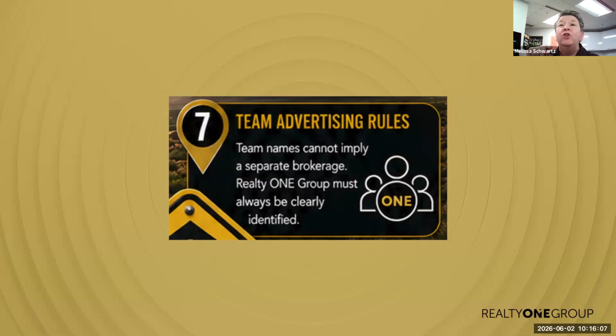Remember, you can never use just that icon, because it could be talking about so many different entities, right? Obviously Realty One Group is all across the country, the world, but that icon could be, who knows, First National Bank. I don't know.